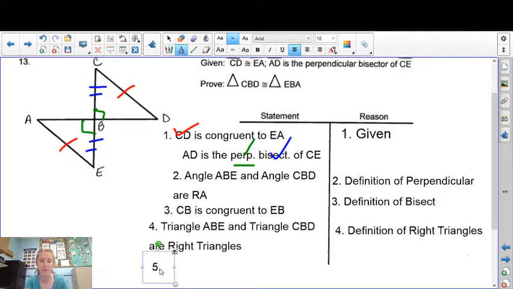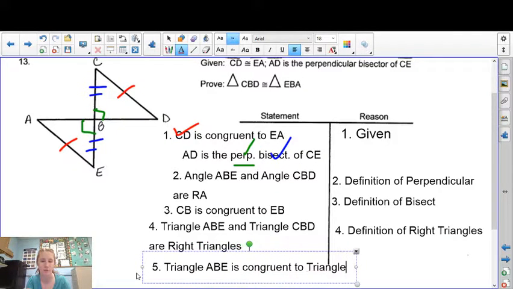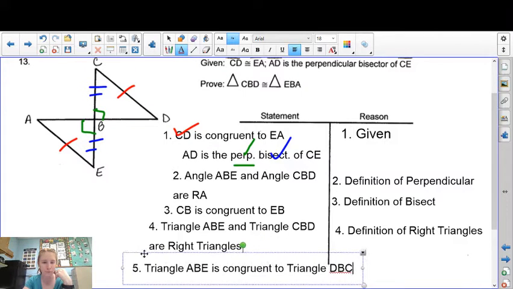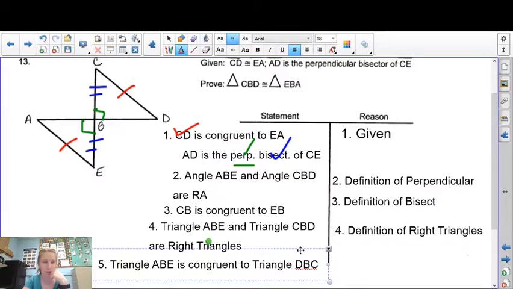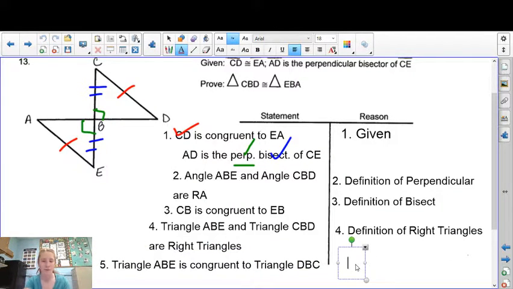Step 5 tells me I can say that triangle ABE is congruent to triangle, so I need to go D to B to C, DBC. And I get to do that based on the hypotenuse leg theorem, or HL.